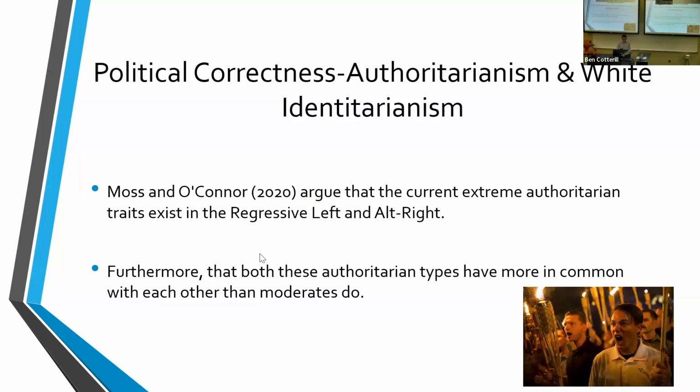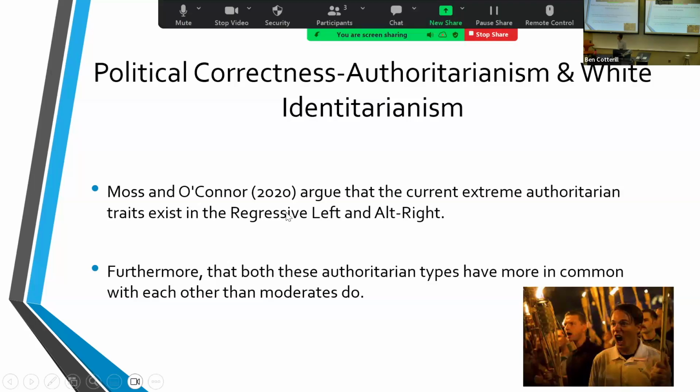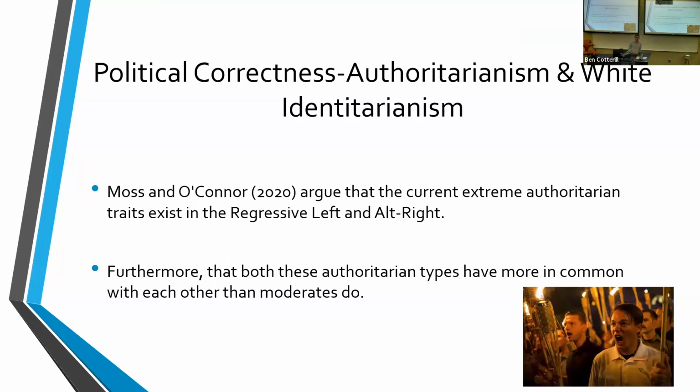Now, what the two researchers argue here, Moss and O'Connor, is that these are the two current most worrying forms of authoritarianism, and they put forward surveys that reveal that more than 50% of Americans are worried about the increase in white supremacists, and they're worried about cancel culture and so on, that tell us that, you know, maybe these are real concerns by those in the US.